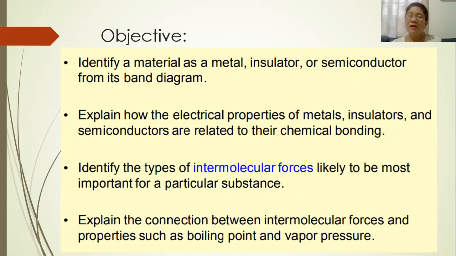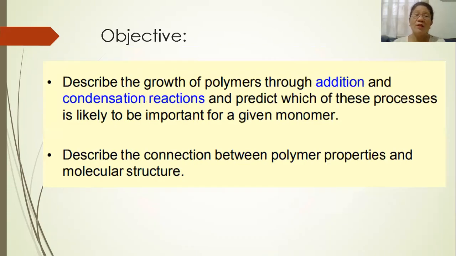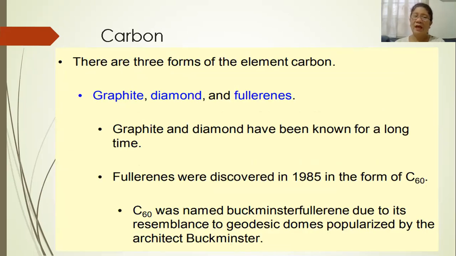We will also explain the connections of IMF, its properties such as boiling point and vapor pressure. We will also look into applications, especially polymers, and describe the properties of these polymers in a molecular structure. Okay, let us start this topic with carbon.